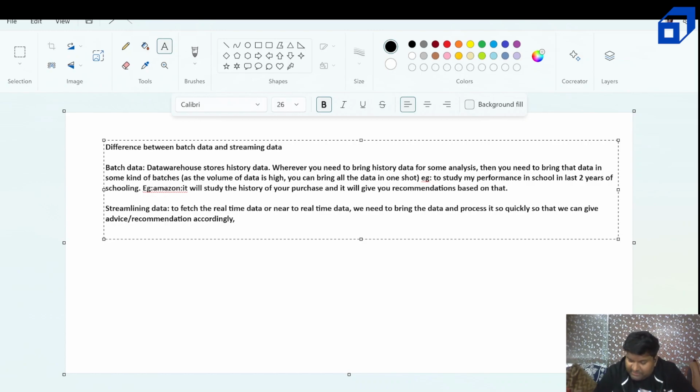So what is streaming data? In order to fetch real-time data or near real-time data, we need to bring the data and process it so fast that I can take some decision or give some recommendation accordingly. For example, the FIFA World Cup was going on. I have fetched the data and understood, okay, this many users are watching the channel.